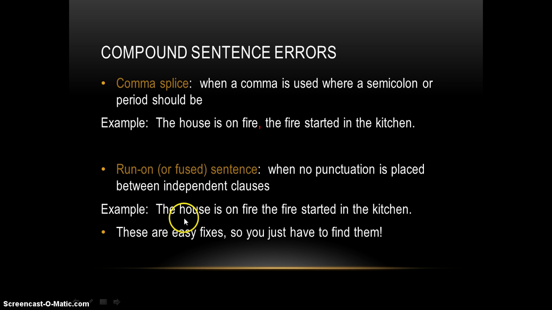So same information. The house is on fire. The fire started in the kitchen. That's how somebody would read it. You need to have a break in there of some kind. So again, a period, a semicolon and a conjunctive adverb, a comma and a coordinating conjunction. They're easy ways to fix them.